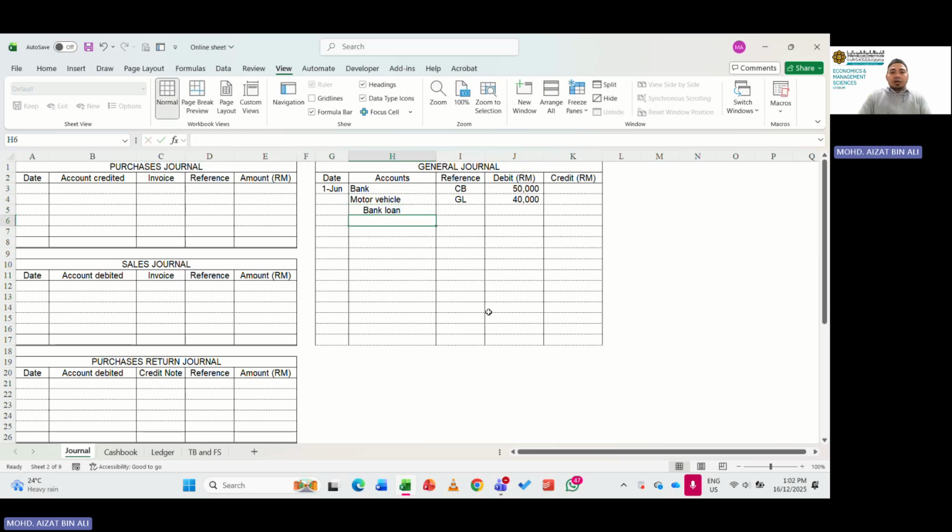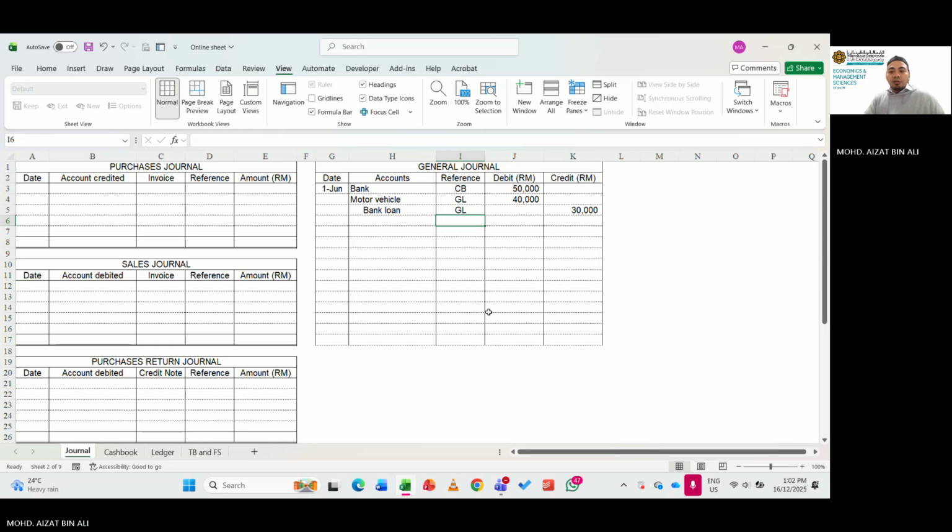You notice that there is some space here. This is how we record in the general journal. For the credit records, we are going to have some space before the name of the account. Bank loan, again, we can find the account later in the general ledger. The amount is credited 30,000 ringgit. Why credit? Because bank loan is a liability.